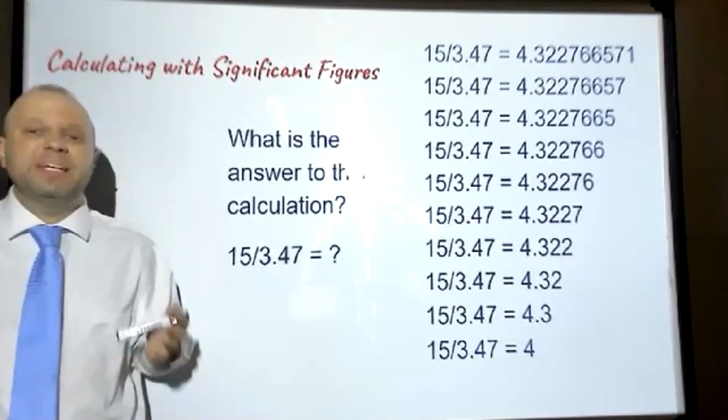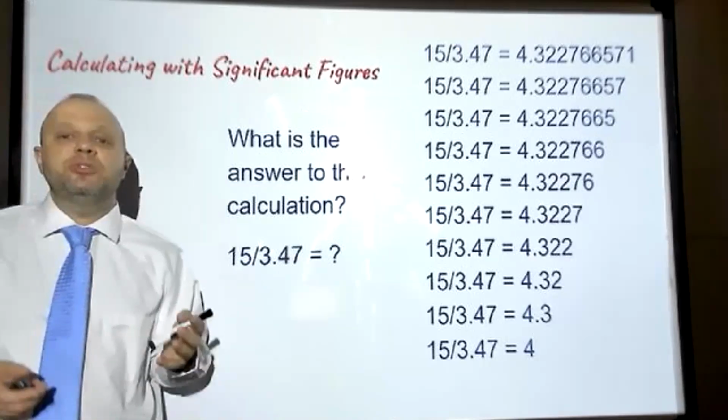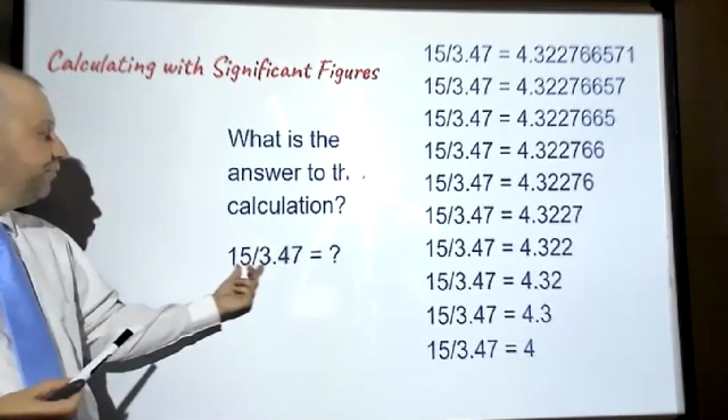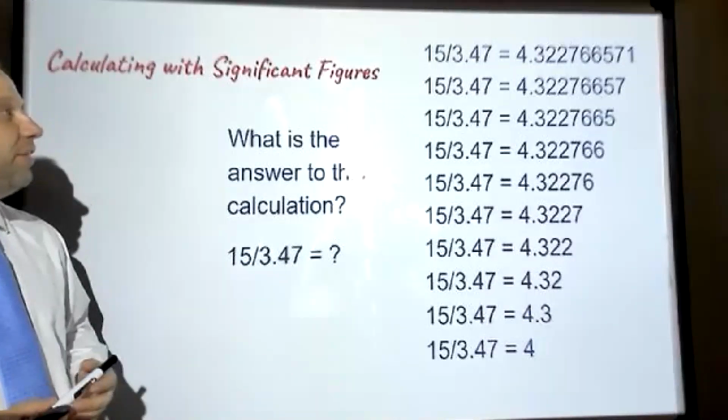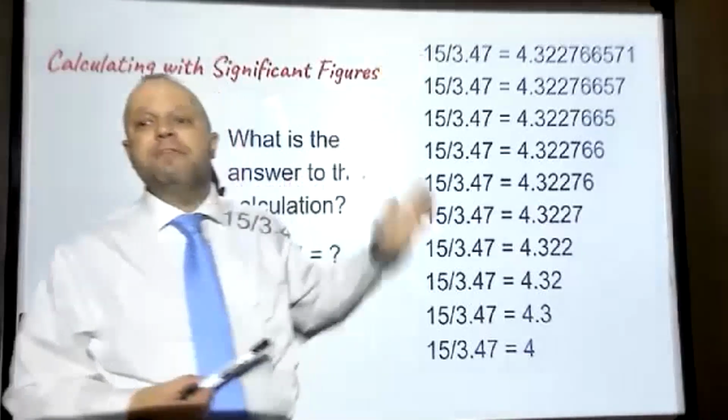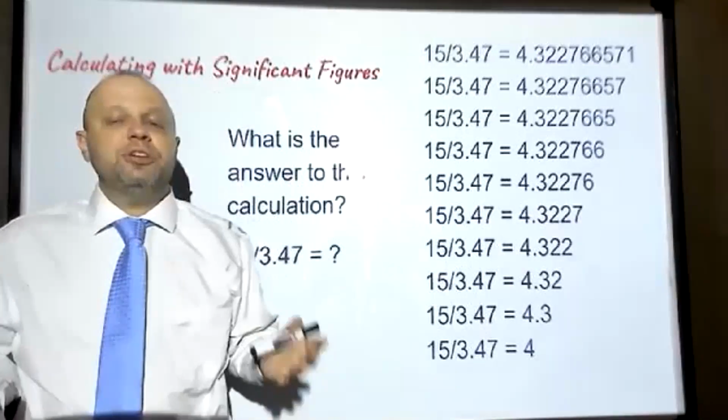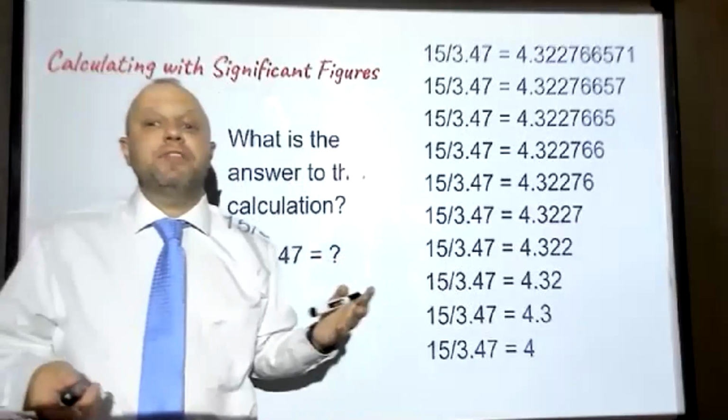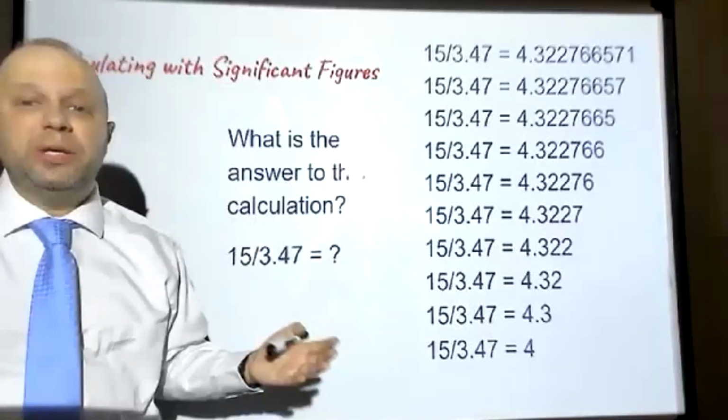As I mentioned right at the beginning of the video, sometimes we do a calculation like this one, 15 divided by 3.47. And we get a whole slew of decimal places. And the question becomes, how many of those decimal places should we actually keep?